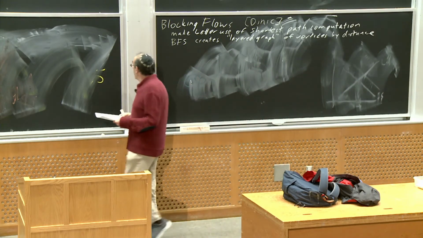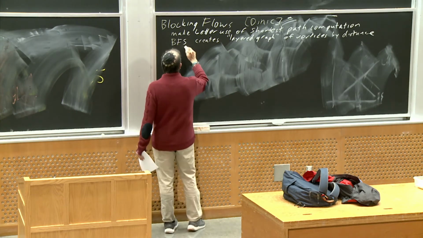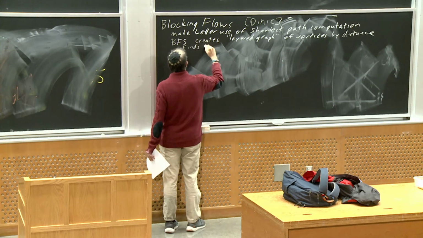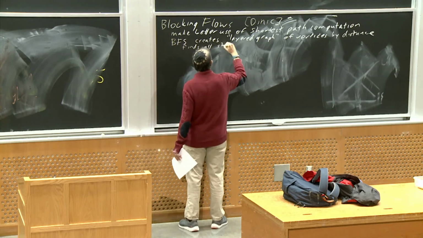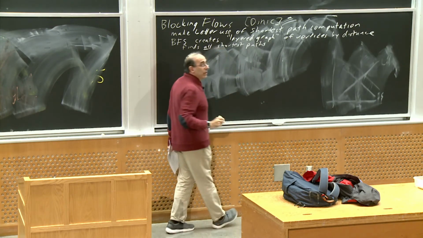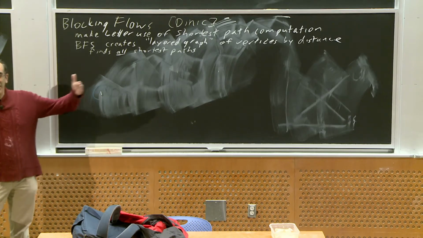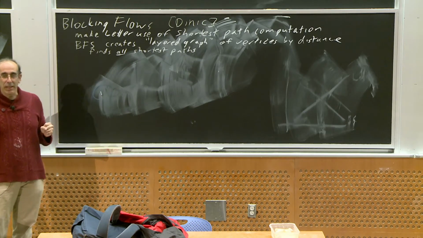And it finds all the shortest paths in the graph. Okay, the shortest paths are just the ones that advance one layer at a time and end up at the sink, right?